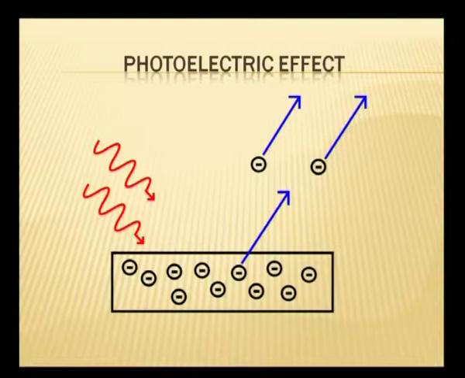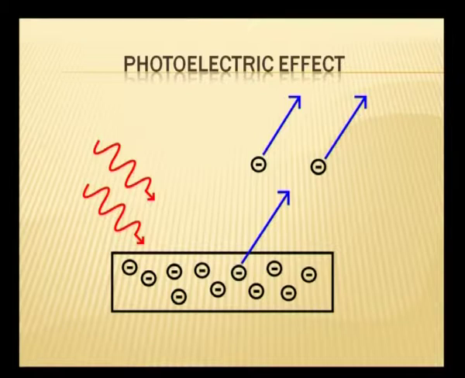If one were to make use of Maxwell's famous electromagnetic theory of light, then there will be a time lag. A considerable time will be taken for the electrons to gain energy and to come out of the metal.